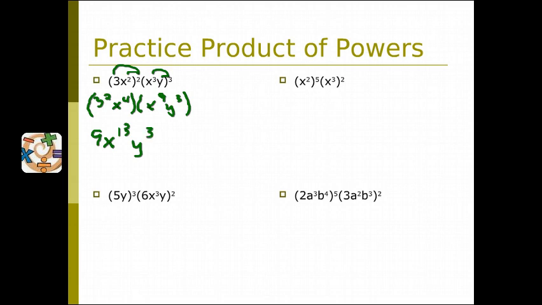So let's take a look at our second example. Again, the first thing that we're always doing is distributing the exponent on the outside of the parentheses to all of the exponents on the inside. So this gives us 5 cubed y cubed.